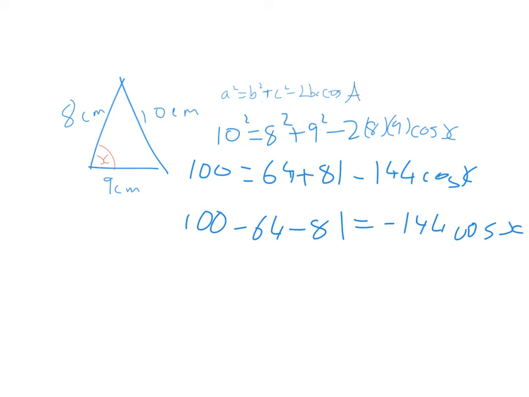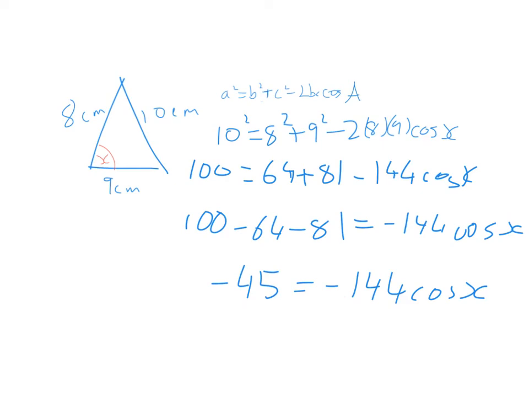Again, we can simplify. So 100 minus 64 minus 81 gives us minus 45 altogether. That should be equal to minus 144 times the cos of x. Now we can start looking at more ways to simplify this and get x. So the first thing to do is get rid of the term in front of cos x.